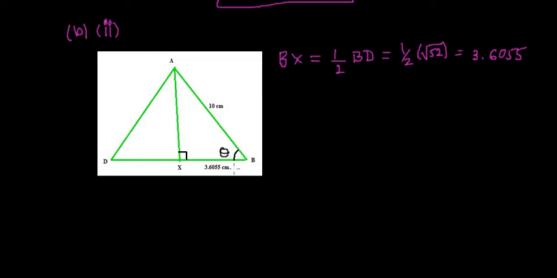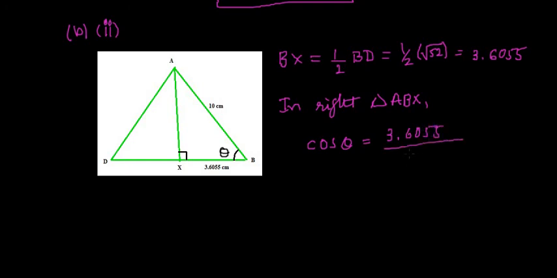Now use trigonometry to get angle theta. From theta, the adjacent side and hypotenuse are given. So I will go for right angle triangle AXB and use the cos trigonometric ratio to get theta, because the adjacent side and hypotenuse are given. So in right triangle ABX, cos theta is equal to the adjacent side, 3.6055, over the hypotenuse, 10.